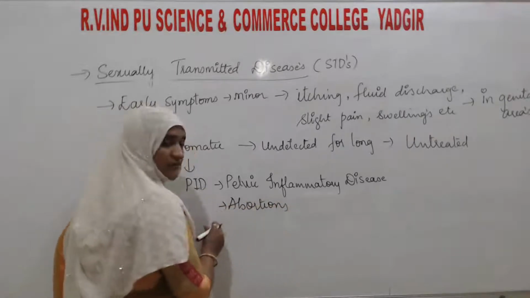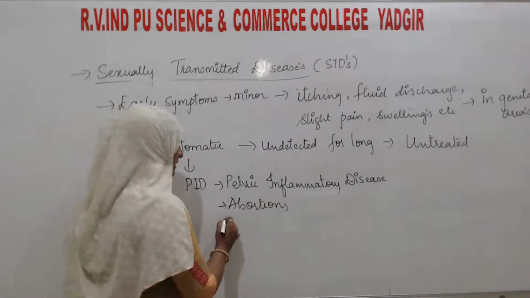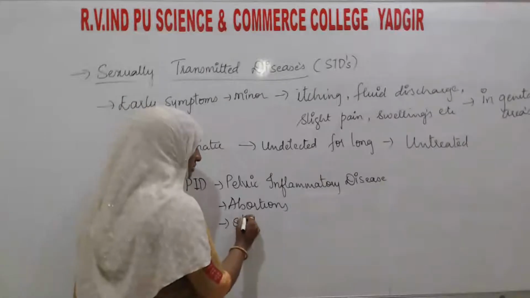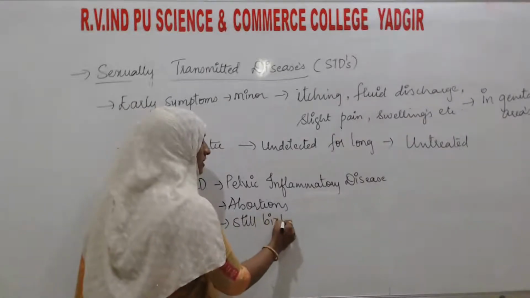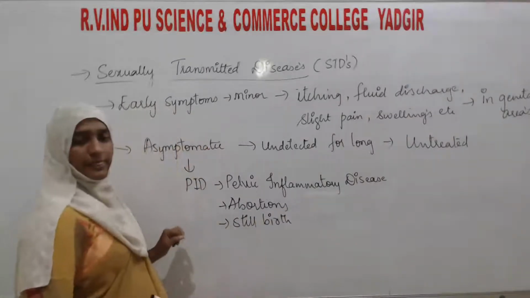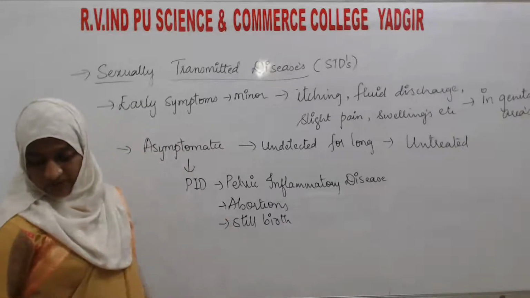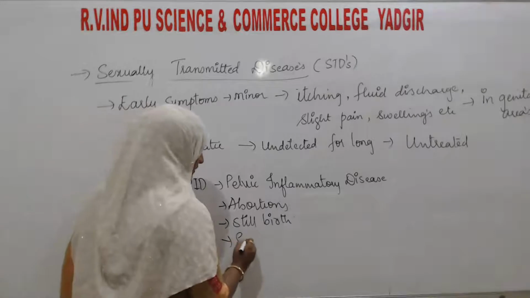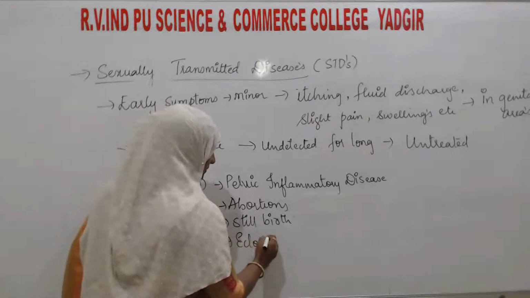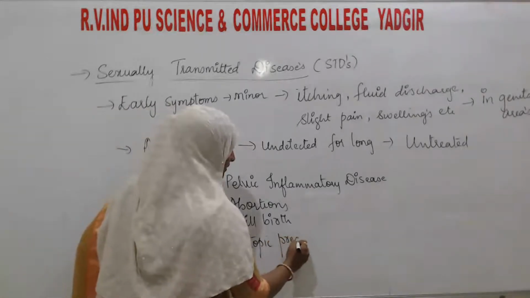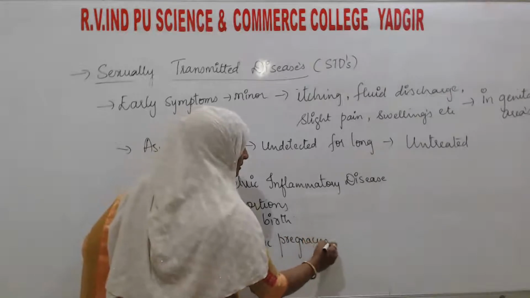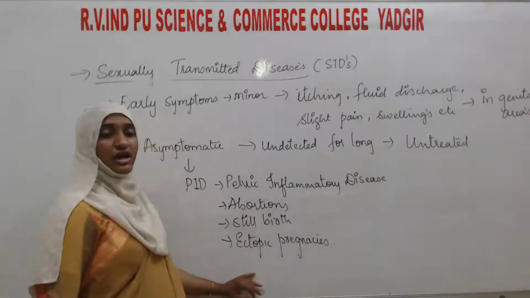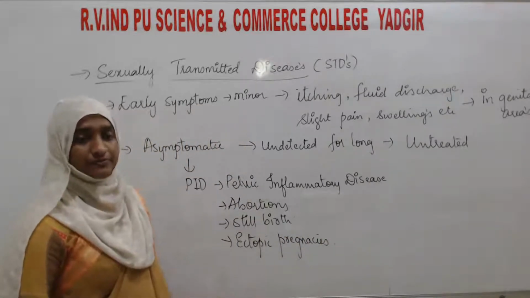Abortion may take place if a woman is pregnant, then stillbirth. Stillbirth means death of the child inside the womb. That may also take place. Then ectopic pregnancy. Ectopic pregnancy means the pregnancy occurs in the fallopian tube.